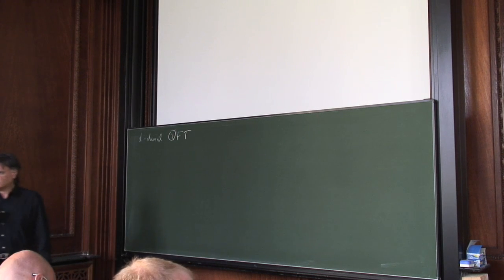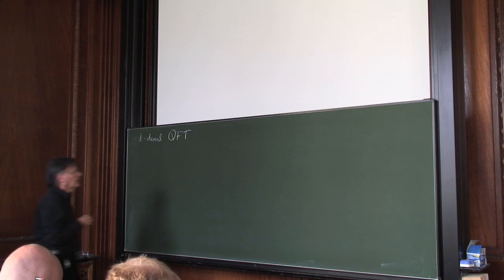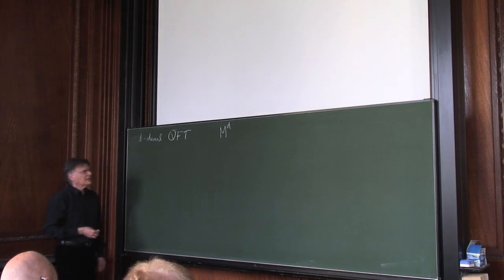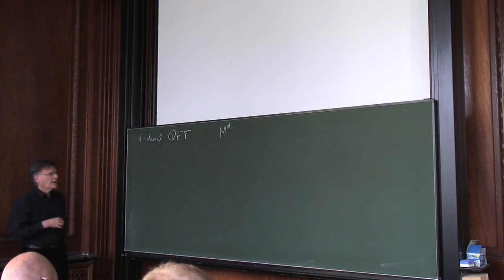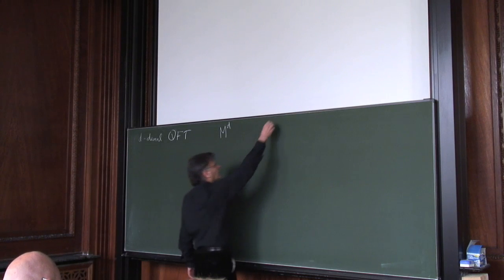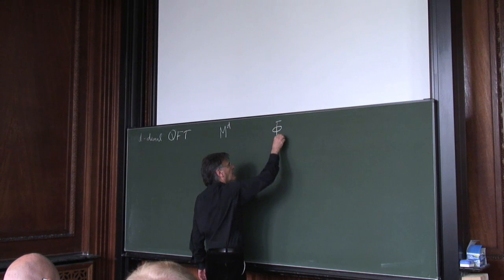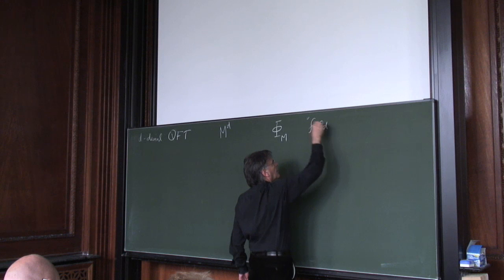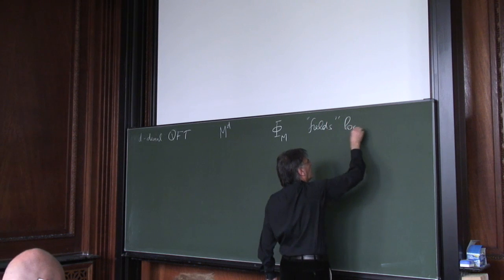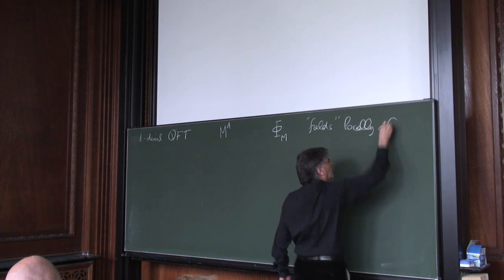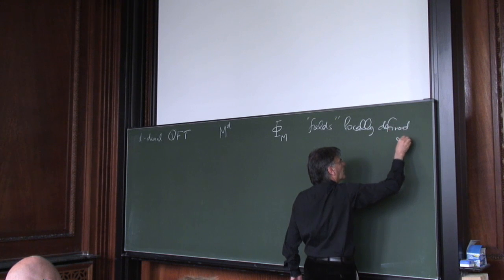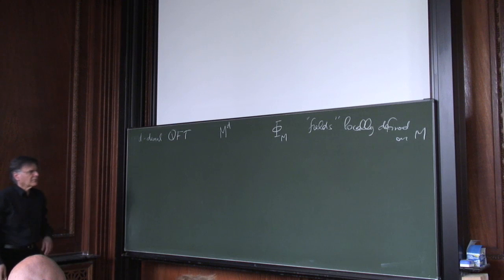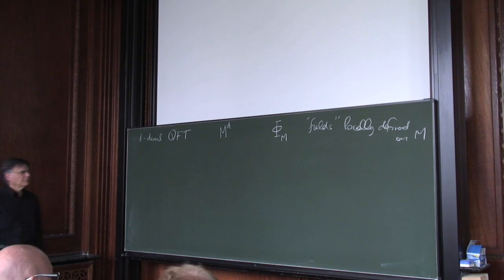So the mythological situation, which is meant to be in the background, is that when we have a d-dimensional manifold M, which we think of as a space-time, then we have some notional space in our minds of fields, locally defined on M. So scalar fields or spinor fields or connections, all sorts of things they might be.